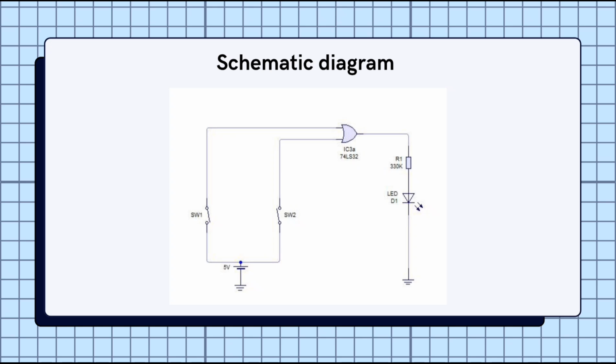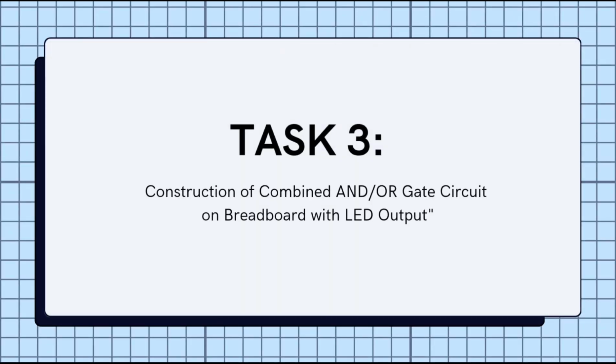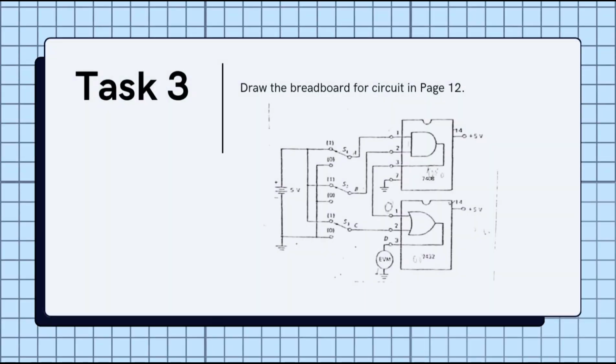So this is the final look for our schematic diagram. So I will continue with task 3, which is construction of combined AND or OR gate circuit on breadboard with LED output. Task 3, draw the breadboard for the circuit on page 12.